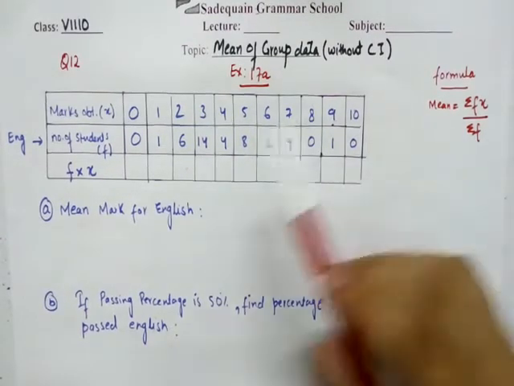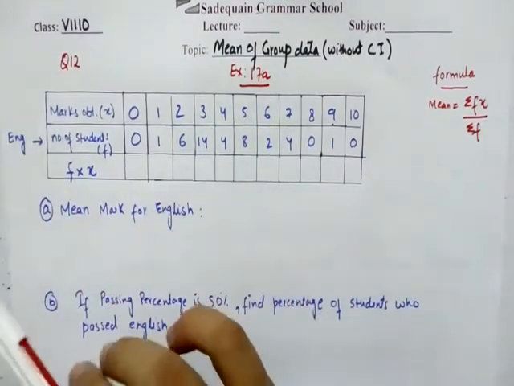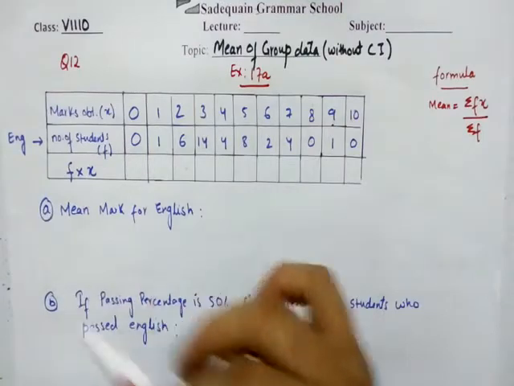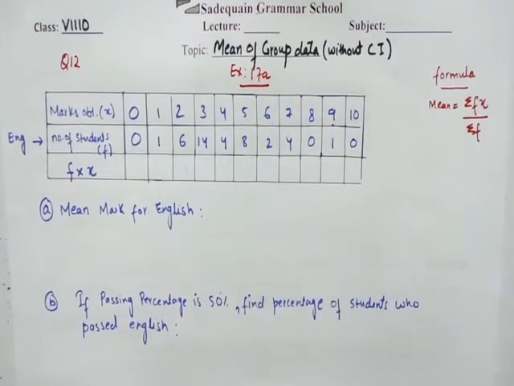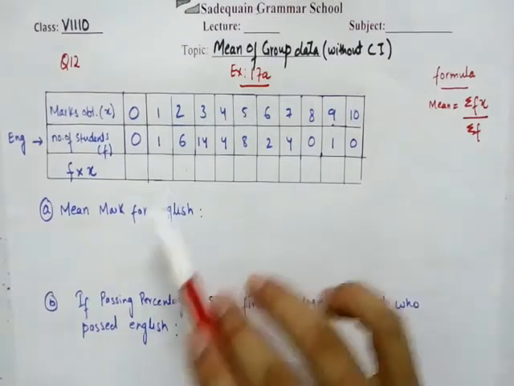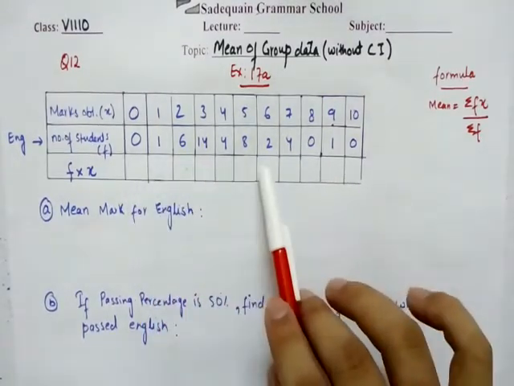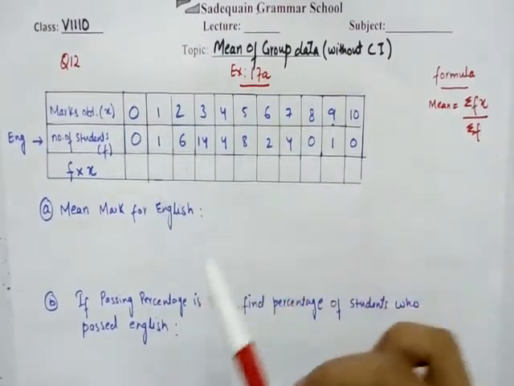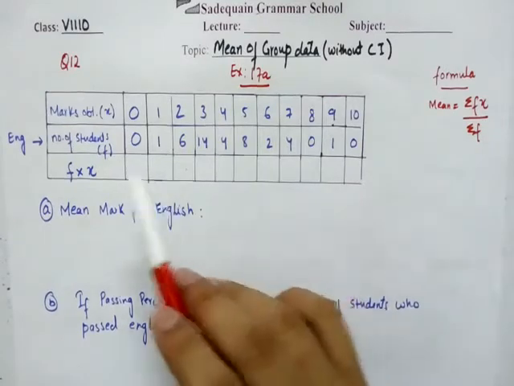But I am only considering the English one. You have to complete mathematics yourself by applying the same procedure which I am going to tell you. The marks obtained in English by 40 students were given, and the total score for each test is 10. Now, let me elaborate the table for you.